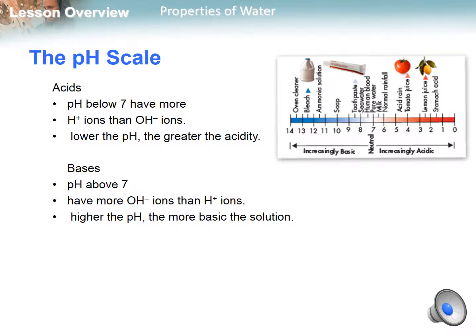Acids would have a pH below 7, and they have more hydrogen ions than hydroxide ions. The lower the pH, the stronger the acid. For bases, they have a pH above 7, and they have more hydroxide ions than hydrogen ions. And the higher the pH, the stronger the base.